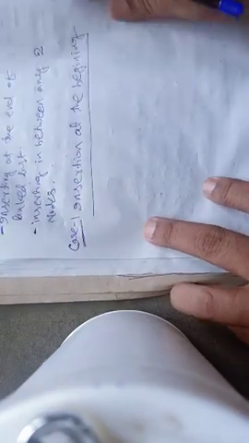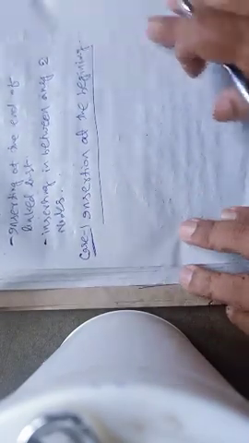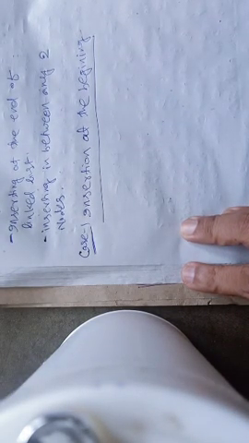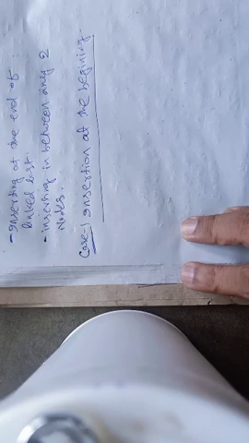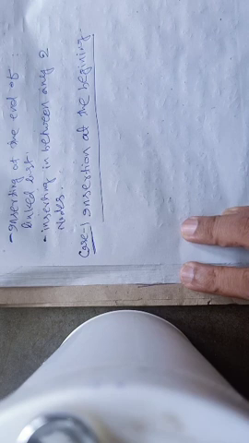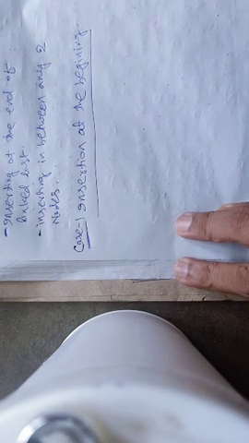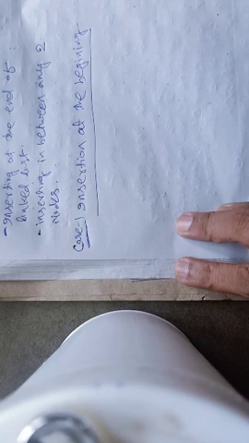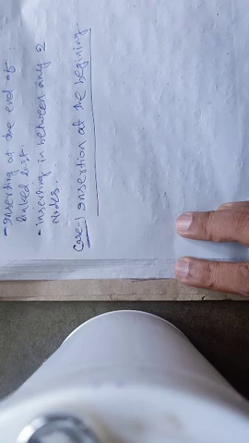Now we assume that when we implement this algorithm, a linked list has already been created with some number of nodes. We may not know how many nodes there are, but there must be some nodes already in the linked list, and our objective is to create a new node and attach that new node to the existing linked list.